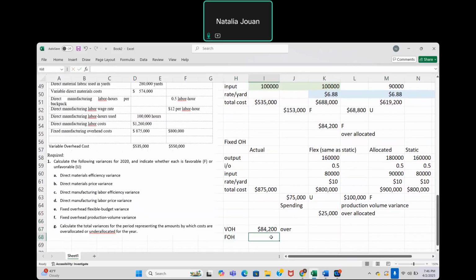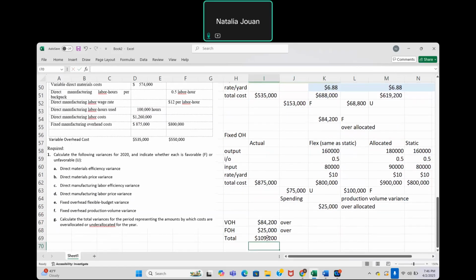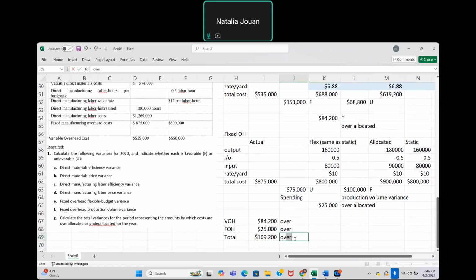Fixed overhead turned out to be 25,000 over allocated. So total overhead was these two, 109,000 over allocated. All right, and that's the answer for G.